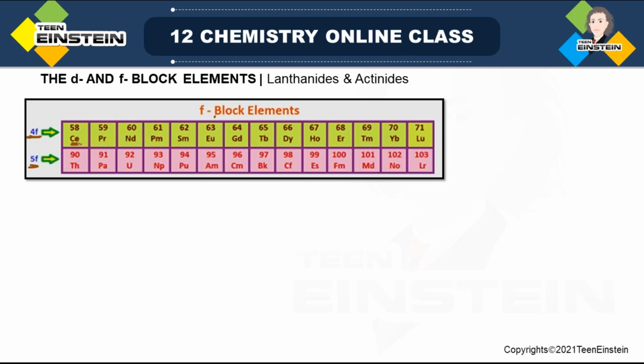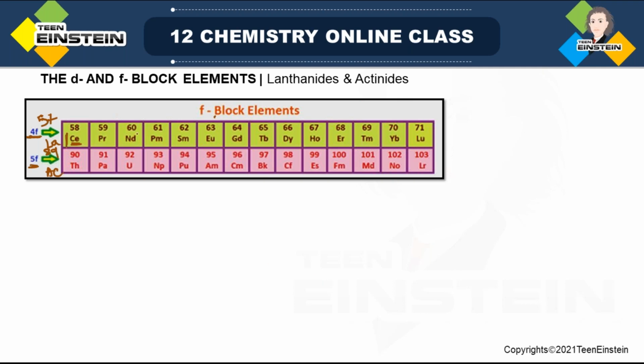Before cerium there is La having atomic number 57, and here we have Ac, actinium, having atomic number 89. So starting from 57 up to 71, if you do the counting starting from La up to Lu, it will be 15 elements. But if you do the counting starting from cerium, it will be 14 elements.